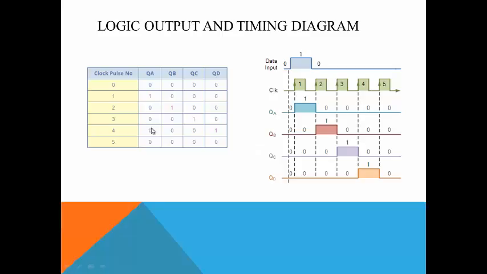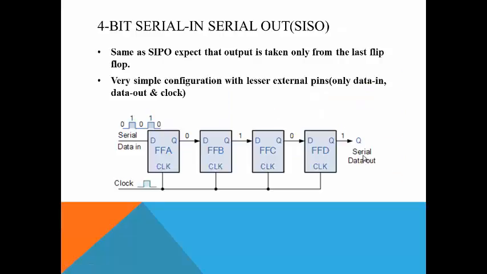Here we have the data as 1 0 0 0, not 1 0 0 1. So this 1 will be shifted towards this in 4 clock cycles, and in the 5th clock cycle we can take this out.